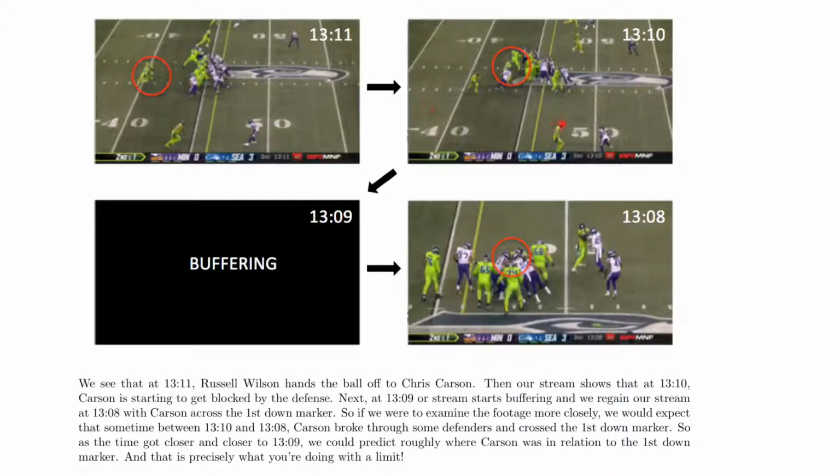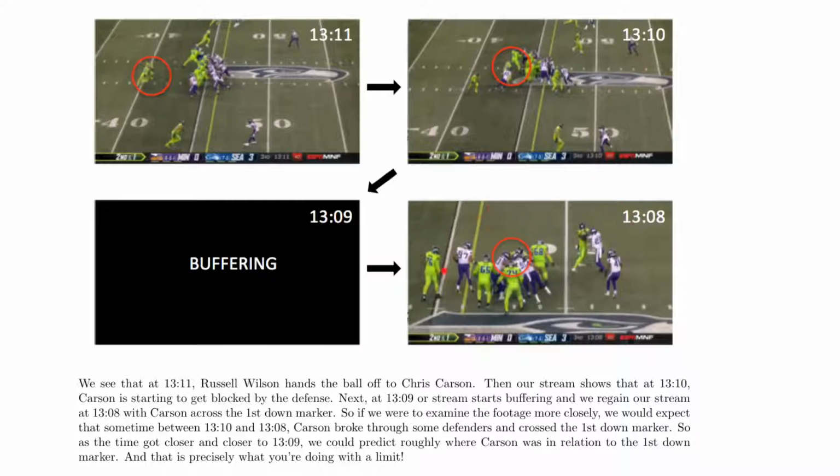Then our stream shows at 13:10 that Carson is starting to get blocked by the defense. You see him move, and then your stream starts to buffer. You don't have any idea what happens from 13:10 to 13:08. So there's this 1 second gap where the screen is frozen.